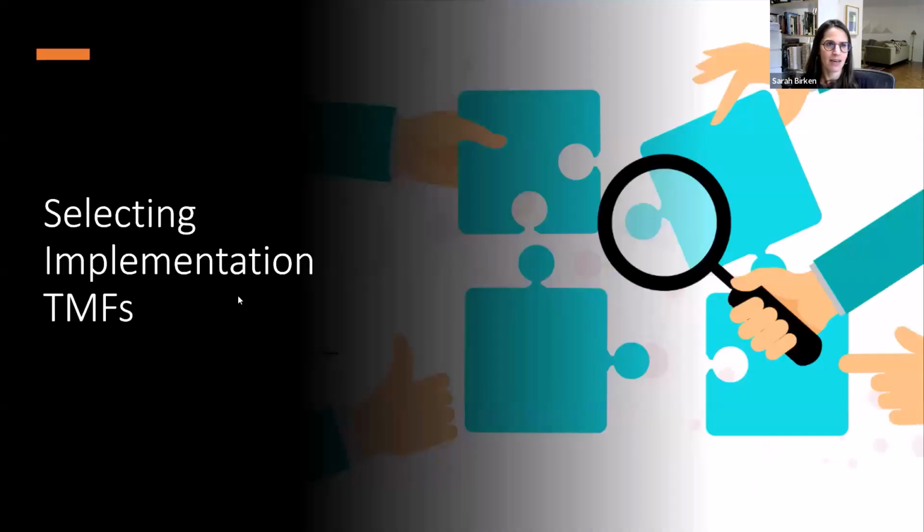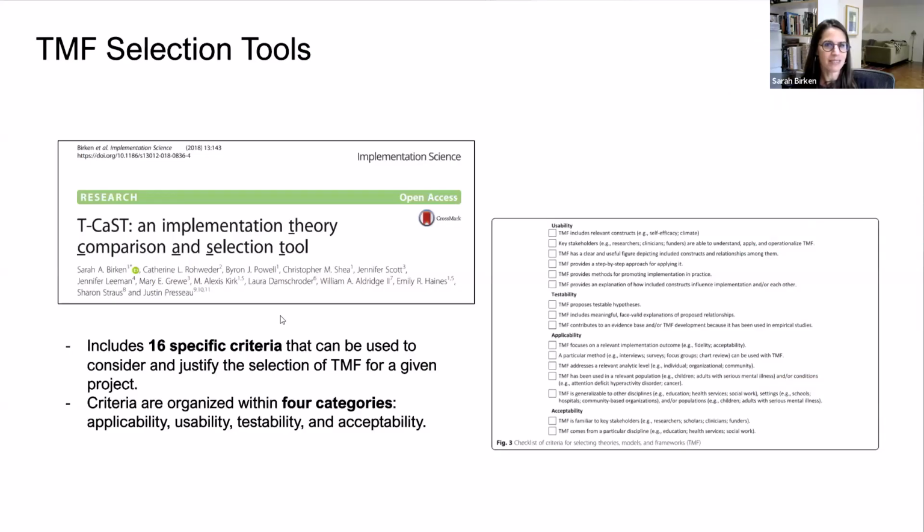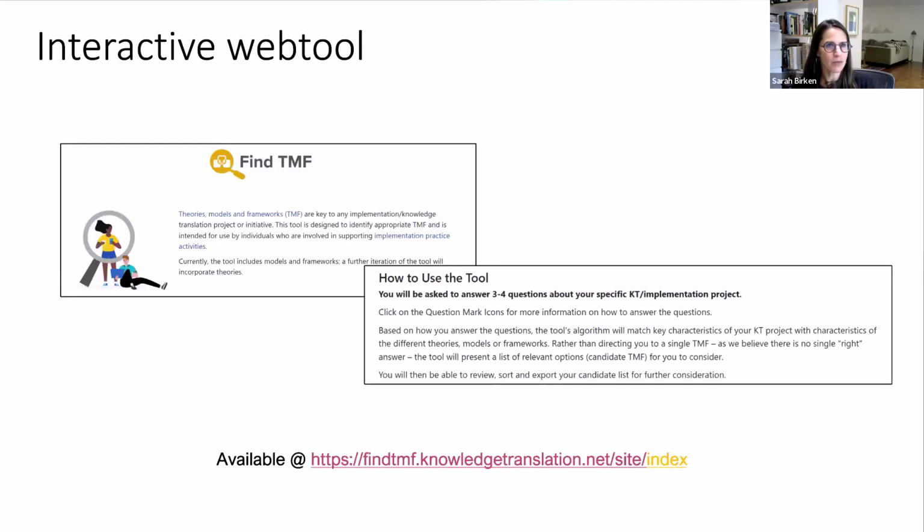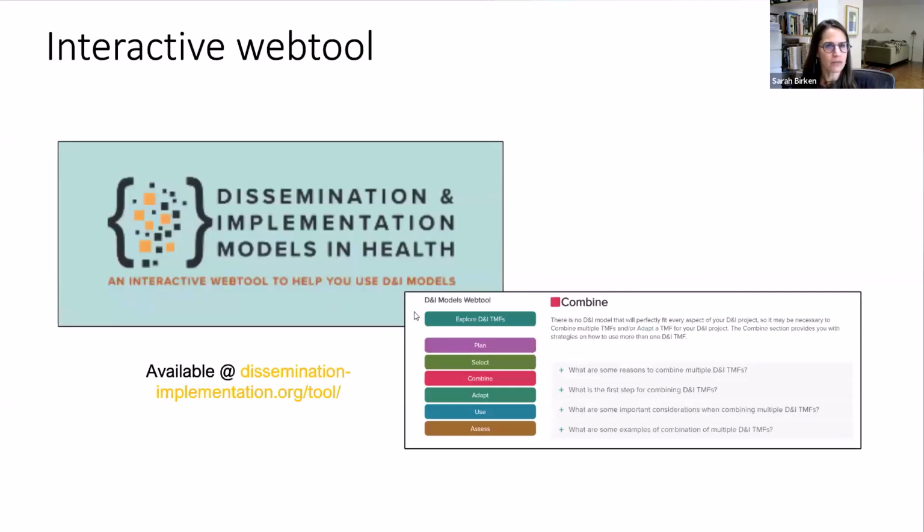Okay. I'm going to talk through really quickly about selecting implementation theories, models, and frameworks. How do you choose them? This is a tool that I don't recommend you use anymore. It's been improved upon. Let me go back. So this is actually a very useful website, dissemination-implementation.org.